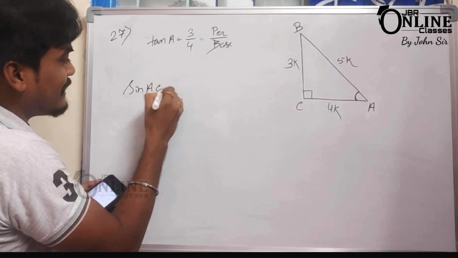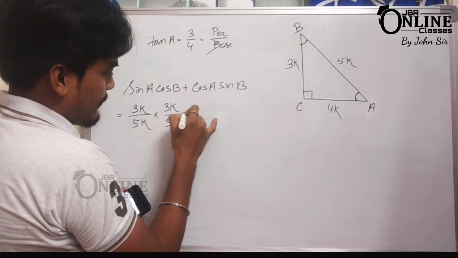Next cos B. With respect to angle B, this one will be the height or the perpendicular and this one will be the base. Cos B means base by hypotenuse. As 4K is the height and 3K is the base, it will be 3K by 5K.